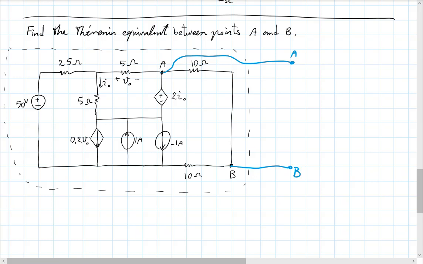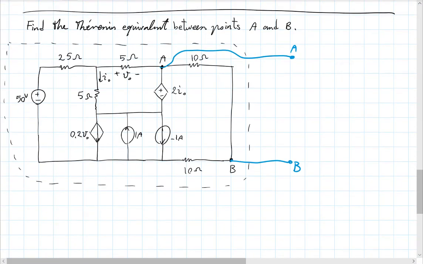So for step one, let's call this V1. All you have to do is to solve the circuit to get V1.